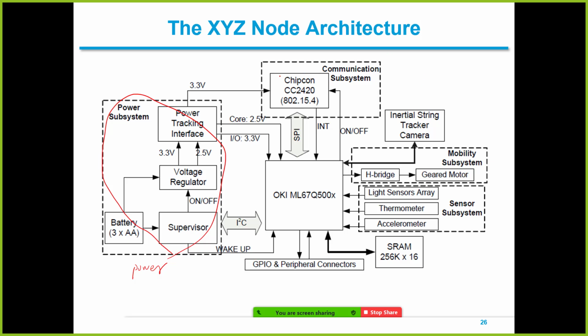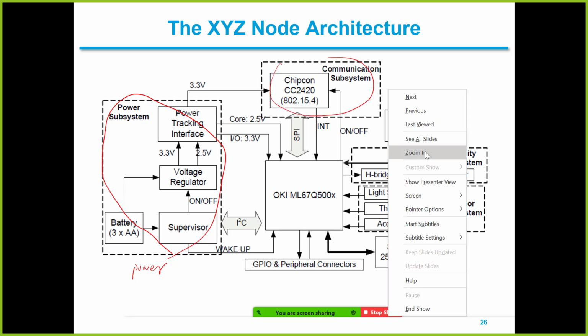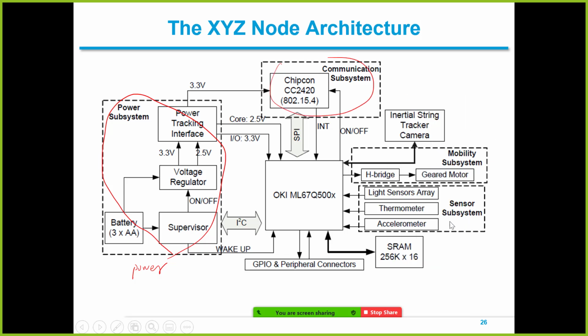Here is the communication subsystem. And here we have different sensors: light sensor with thermometer sensor, accelerometer. So here is the sensor subsystem.